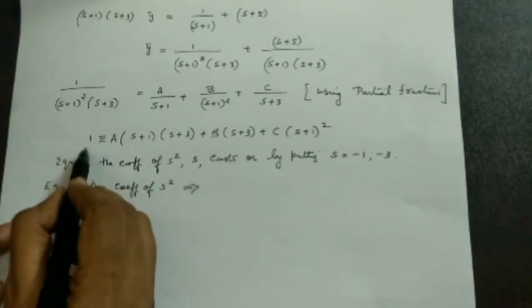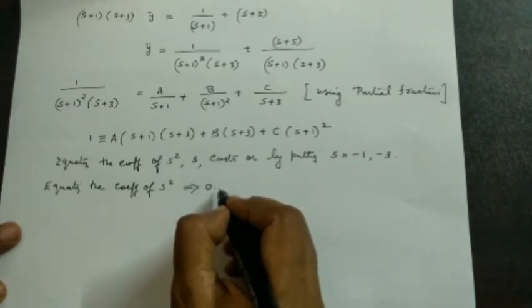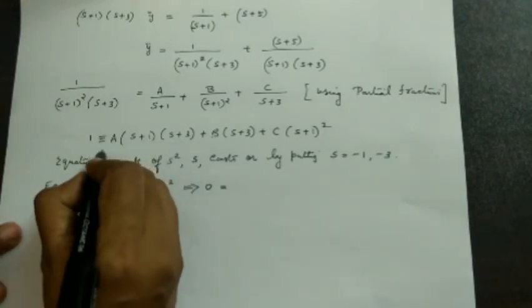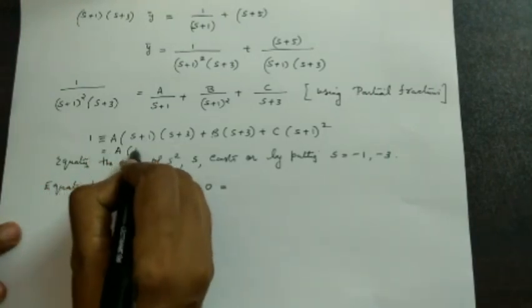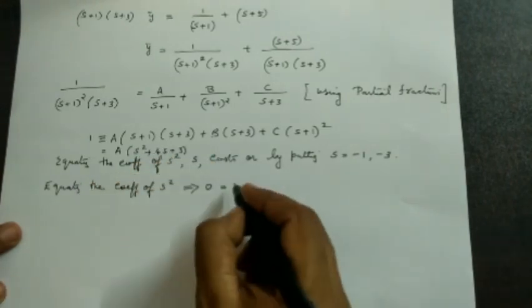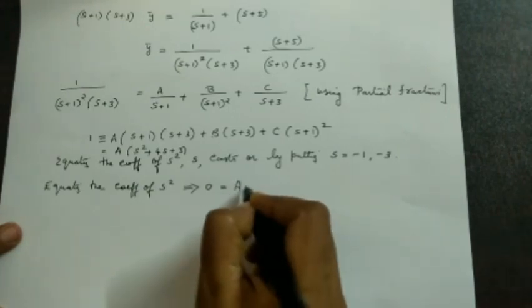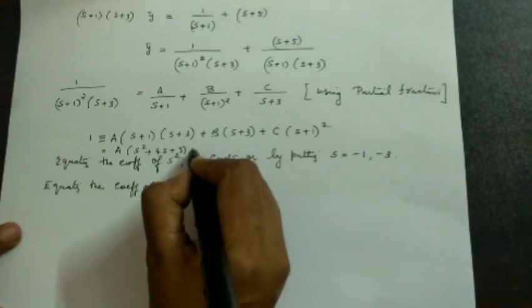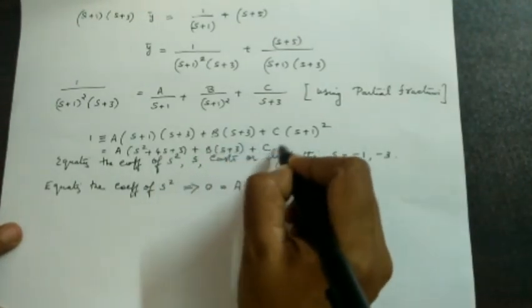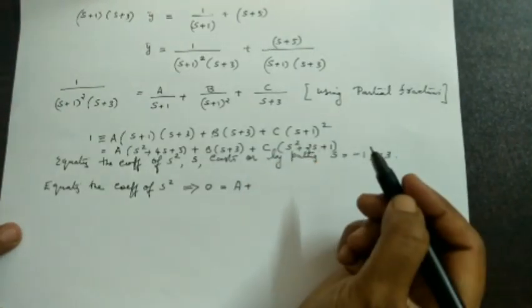Okay. Here in the left hand side there is no term containing s square, therefore it becomes equal to 0. It is equal to A into s plus 1 into s plus 3, again we can write this as A into s square plus 4s plus 3. Therefore the term containing s square is A plus B into s plus 3, no change. What happened to C? It becomes s square plus 2s plus 1, C times.